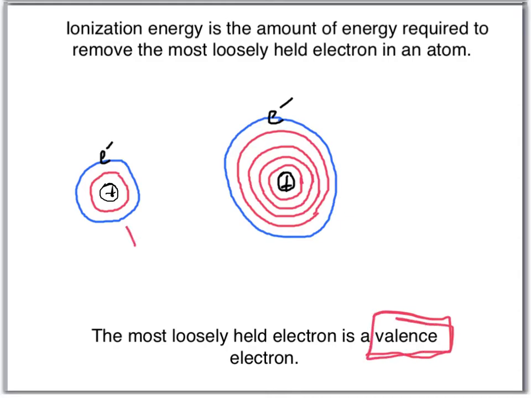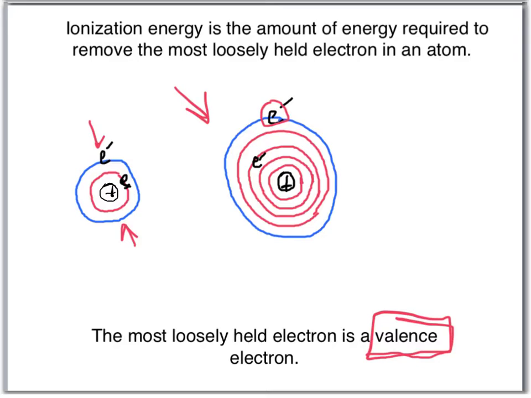Take a look at this smaller atom. It's this electron here that's going to be easiest to remove. If there was an electron in here closer to the nucleus, it would be harder to get rid of. Same reasoning over here. This outer electron is going to be a lot harder to remove than something in here.